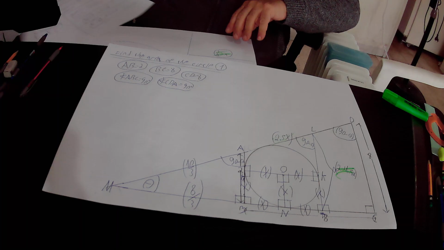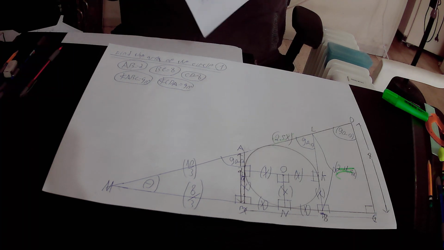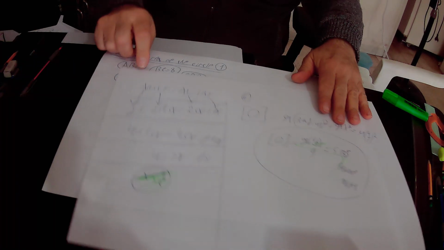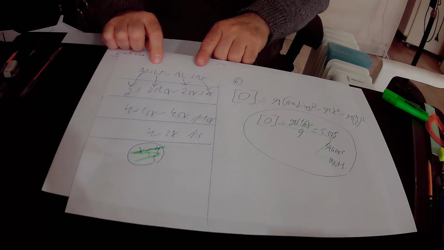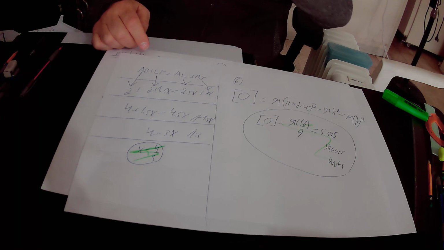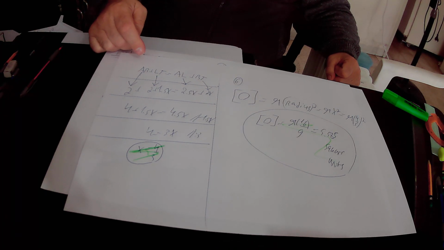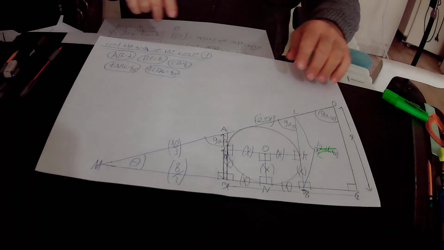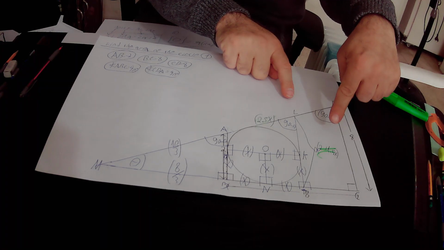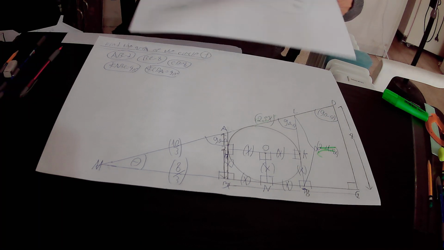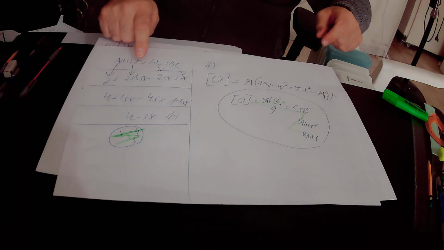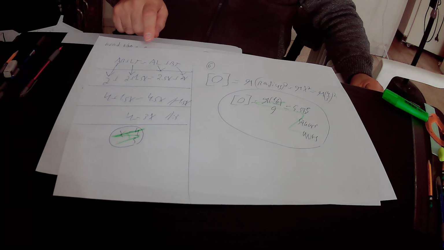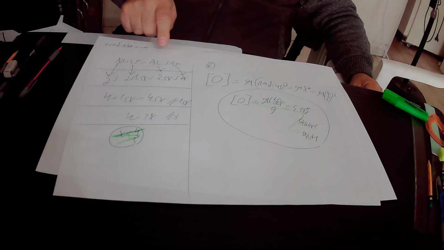Okay, again. AB plus LT equals AL plus BT. AB is 2 plus LT. We already found out that this line segment LT equals 2 plus 1.5x. So substitute LT by 2 plus 1.5x, and it is equal to AL plus BT.